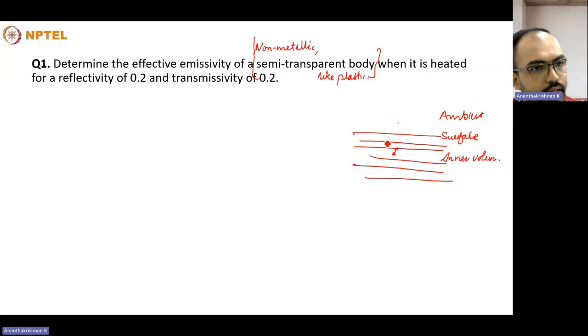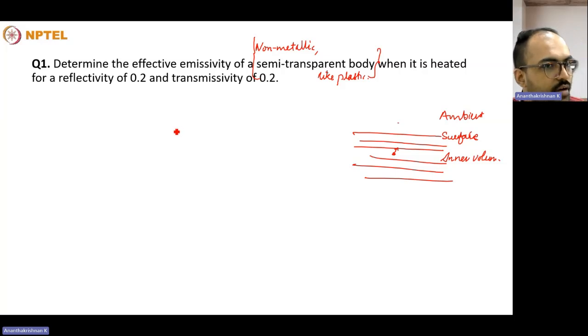So this is not a metallic semi-transparent body. This can be expressed in terms of a geometrical series, and from the geometrical series we can arrive at the concise form of emissivity of a semi-transparent body, which takes into account the reflectivity as well as the transmittivity.